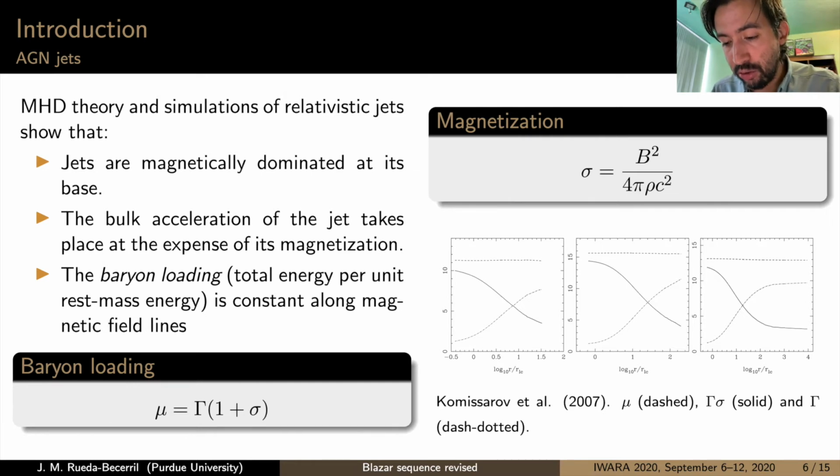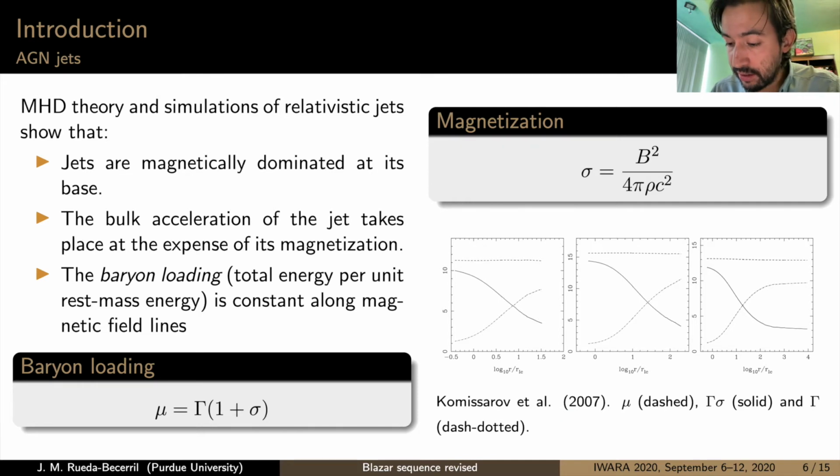Back to these plots on the right, we can see the baryon loading as dashed lines for these different kinds of jets. For further details, I would suggest you go to Komissarov et al. 2007.